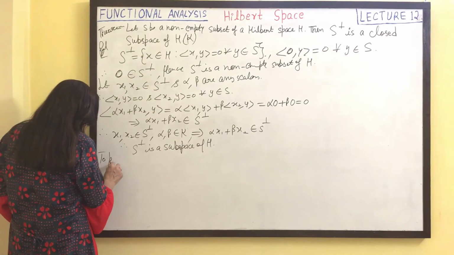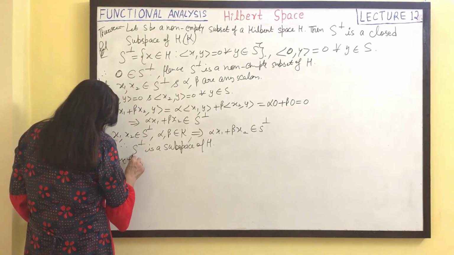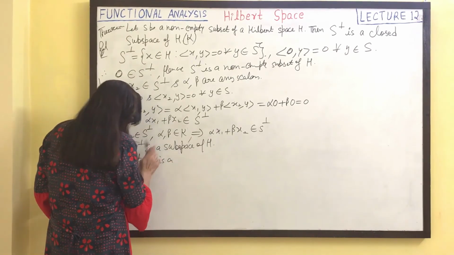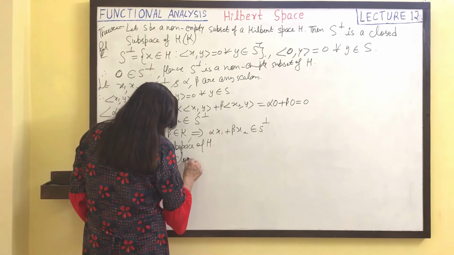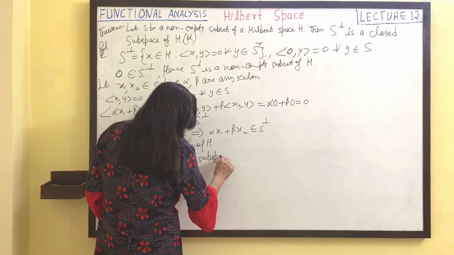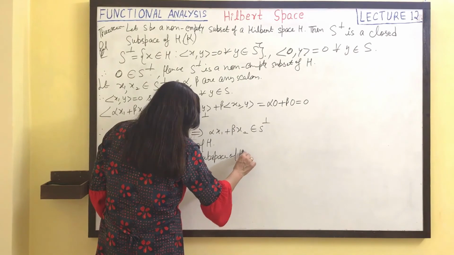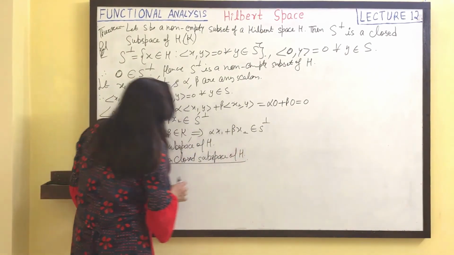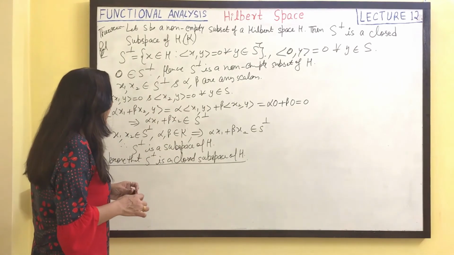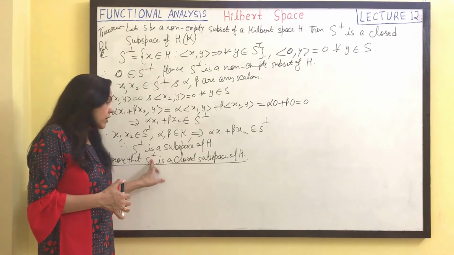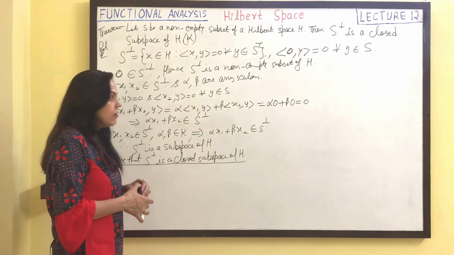To prove that S perpendicular is a closed subspace of H, we have to show that every limit point of S perpendicular is in S perpendicular itself.